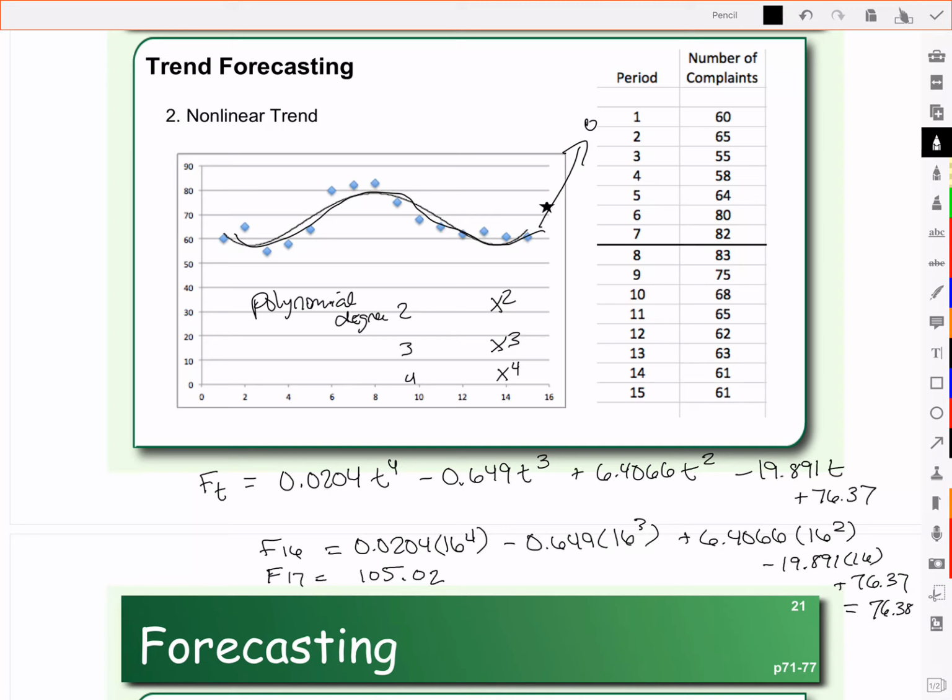Is there anything that's happening at the bank to make you think that this is actually what would happen, that this might be true? If not, then you need to ask yourself whether or not this is a really good model for forecasting forward. Perhaps you need to choose a more simple pattern, maybe not a polynomial degree 4, maybe a polynomial of degree 2, or a linear trend.